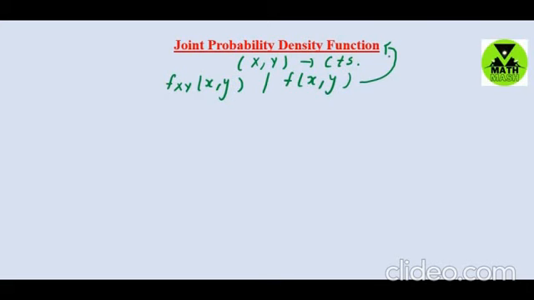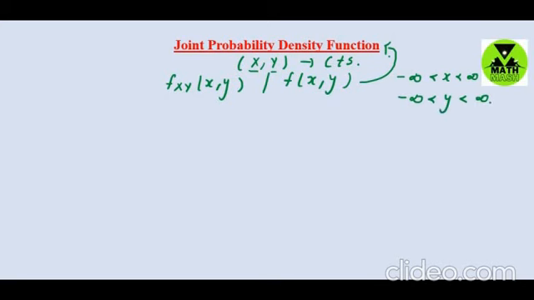Because x and y are continuous, they take values in an interval instead of assuming values at distinct points, as in the joint probability mass function. Here x and y assume values over a set of real numbers, they are assuming all values.